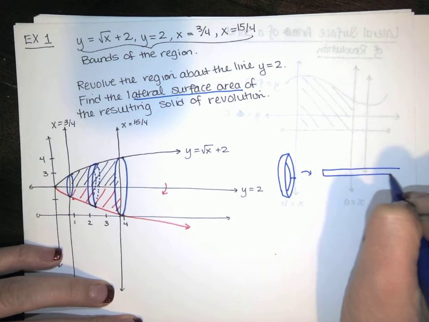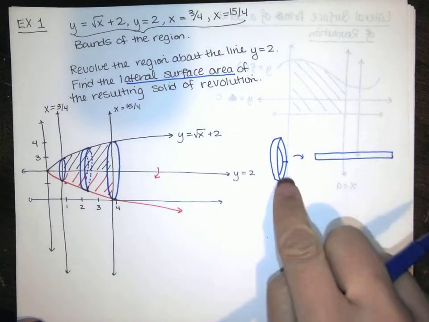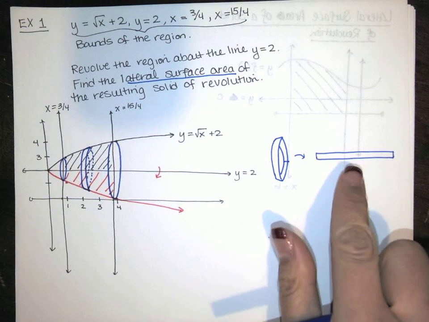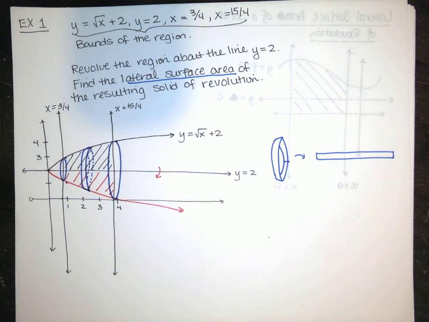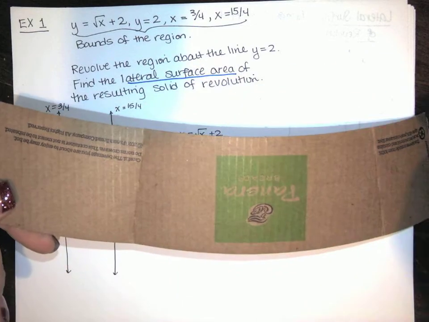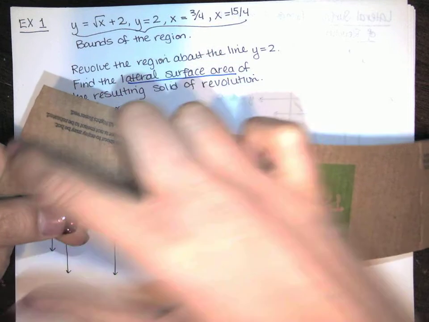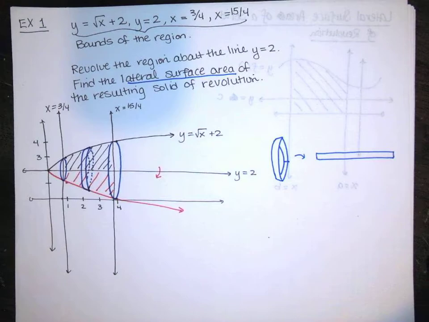So it's going to look roughly like this. Then the surface area of that strip of paper is the same as the area of this little rectangle. And like I said, it's not exactly rectangular. It has a little bit of curvature to it. And that length, yeah, it's not exactly vertical.